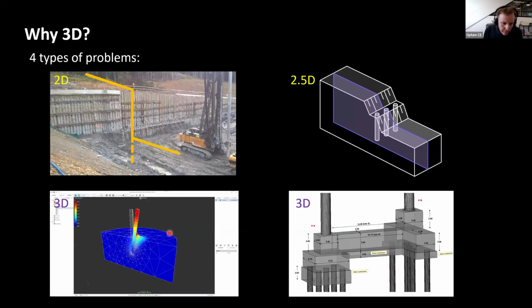Then there are genuine 3D problems where you cannot really approximate things in 2D. For example, this is actually a monopile, so we've done quite a bit of work on those types of structures for offshore wind turbines. So lateral loading of a monopile like that, you have to go into 3D. You can't do that reliably in 2D.